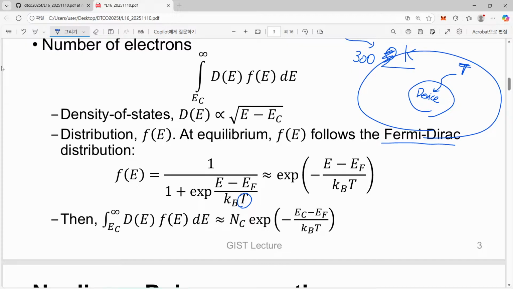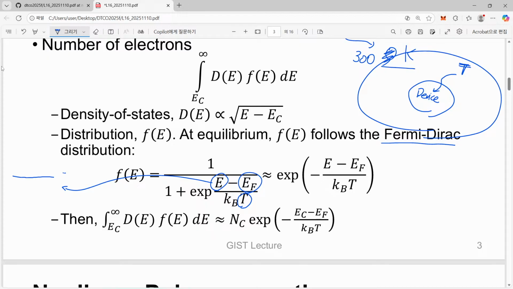Also here we have E, the energy of a state, and here we have the Fermi level, which is the reference level. Up to this level, electrons are more or less filled, and above this level we have almost no chance to fill these energy levels.